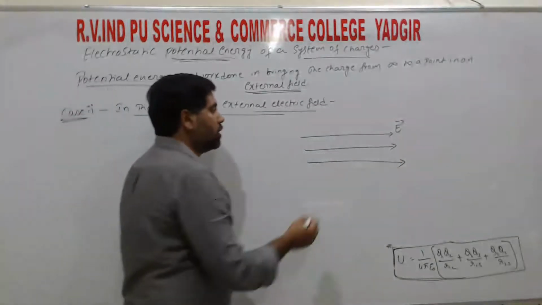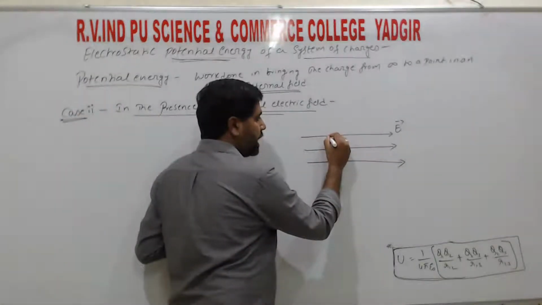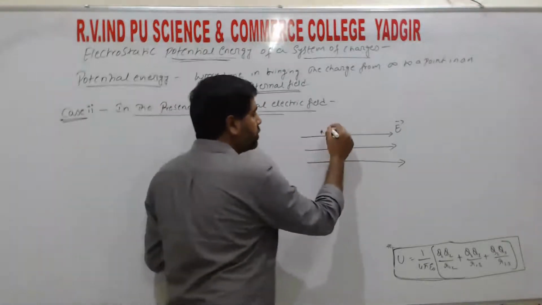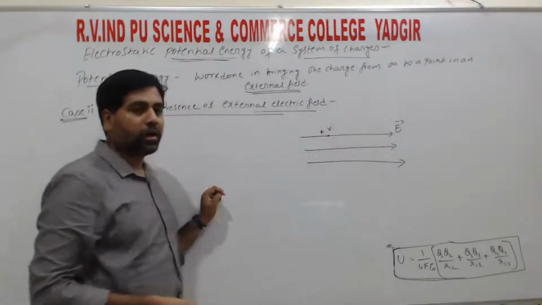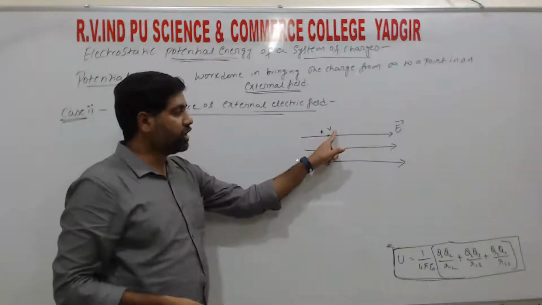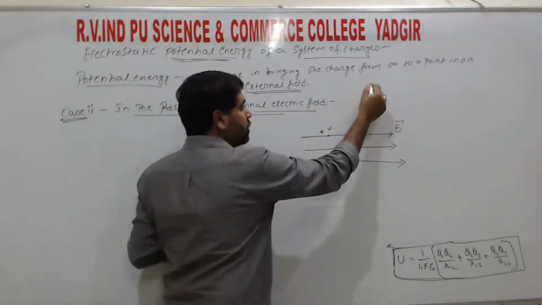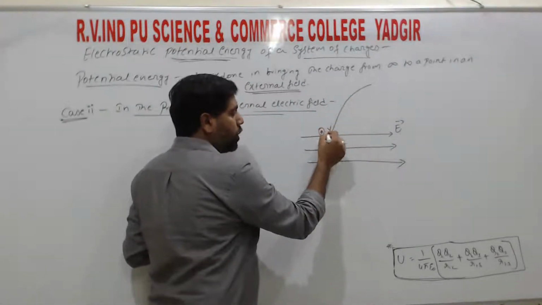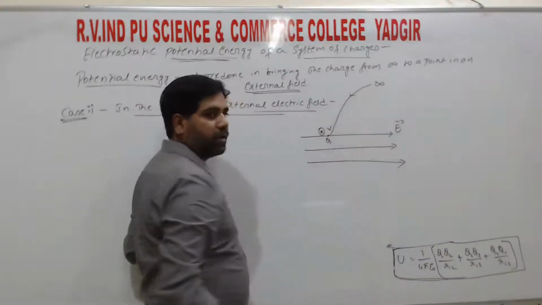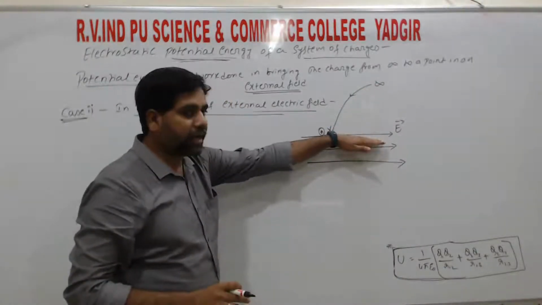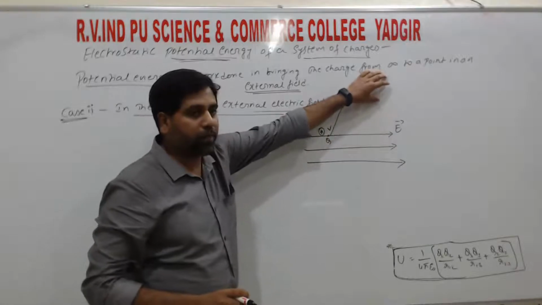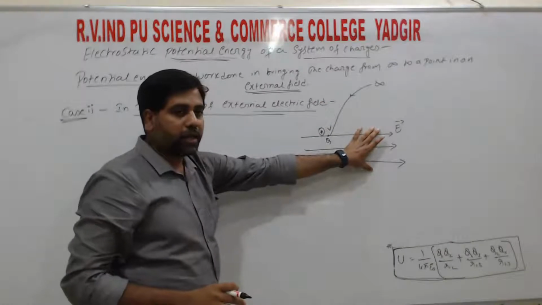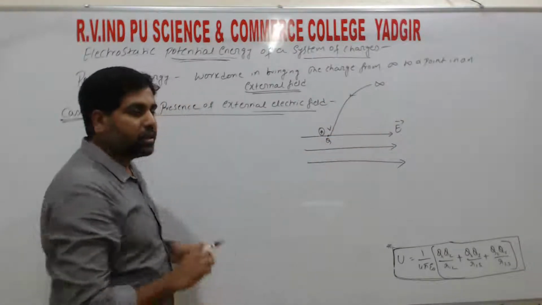Consider any point on the electric field, so I consider point A, and at this point the potential is V. Now bring the charge from infinity to this point A. Here we already have the electric field, so work is done because we are bringing the charge from infinity to this point against the external electric field. That means work is done, right?